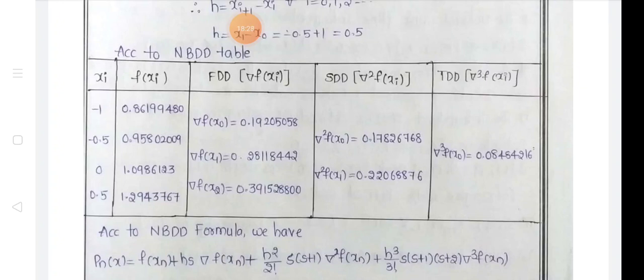Here in this table, xn equals 0.5, f of xn equals 1.2943767, del f of xn equals 0.391528800, del square f of xn is equal to 0.22066886, del cube f of xn is equal to 0.08484216.